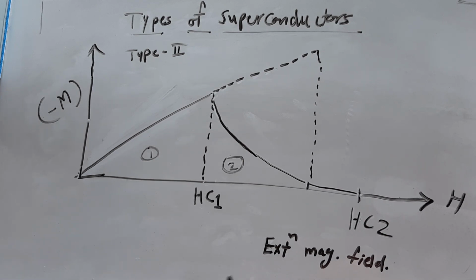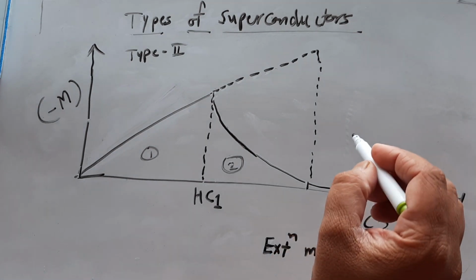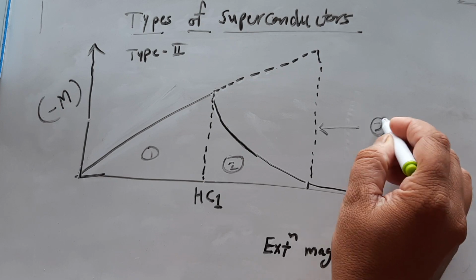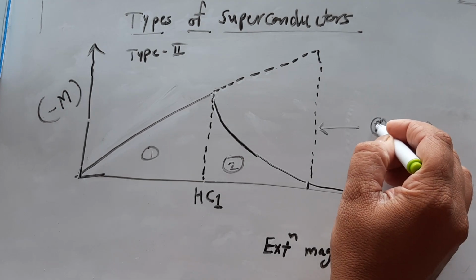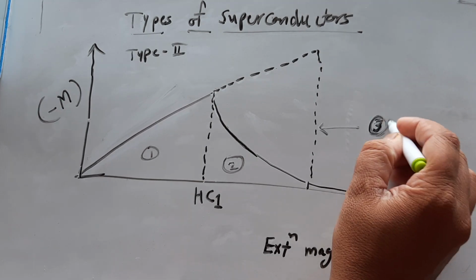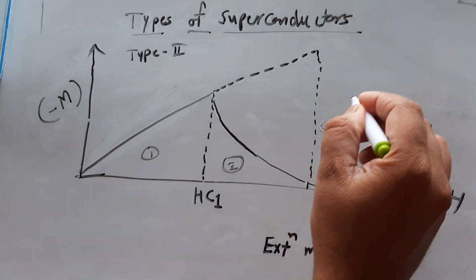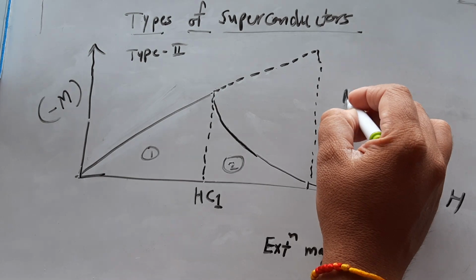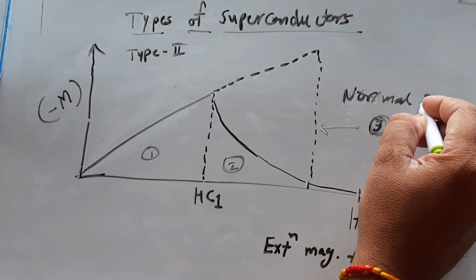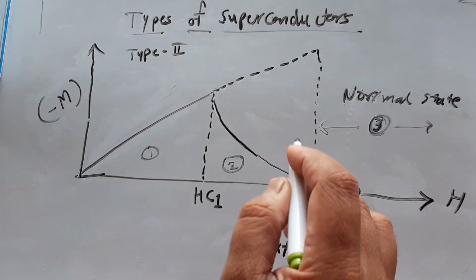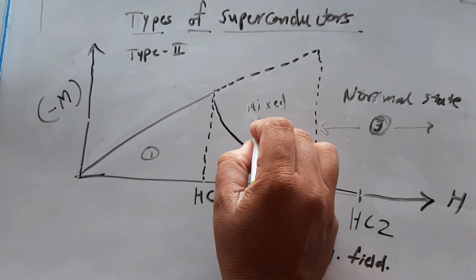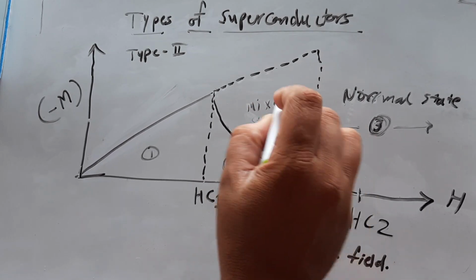Third, normal state. So from here onwards, normal state. You can also write something like this. Okay, so this is the mixed state.